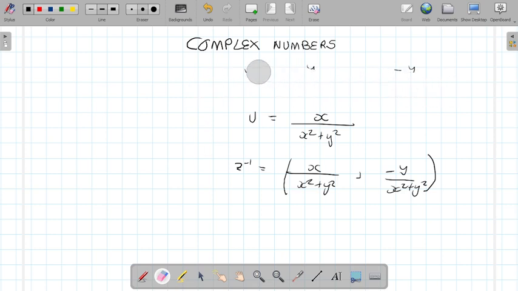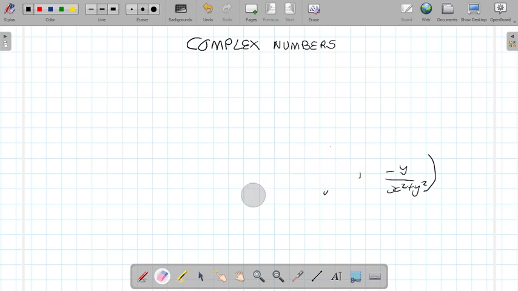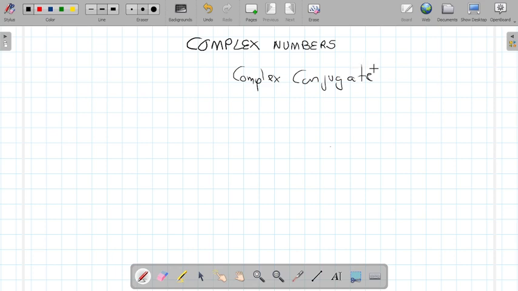Now let's also talk about something very, very important, what is known as the complex conjugate. So what is the conjugate of a complex number?